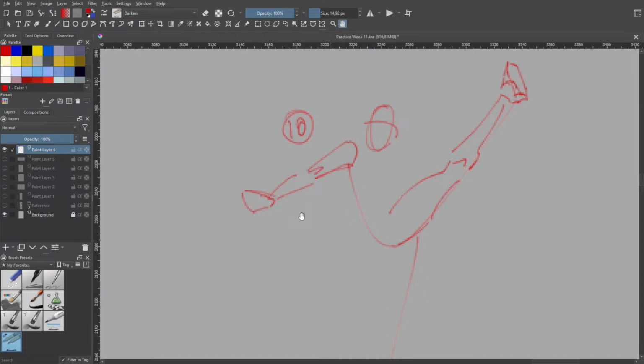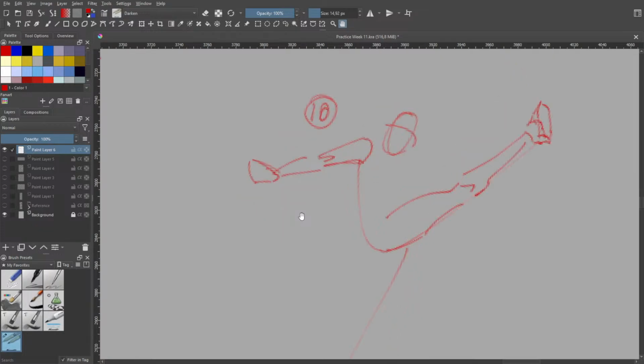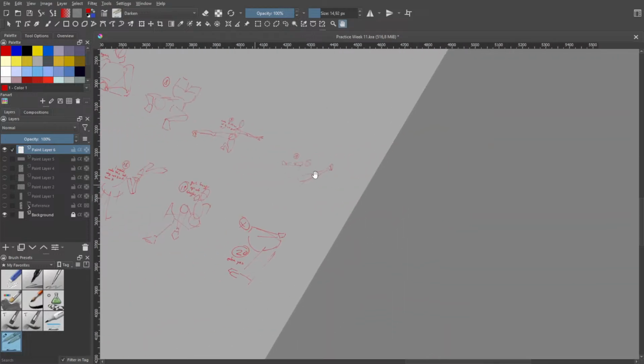It forces you to rip the details away from the forms, I guess, or from the image. So yes, and that kind of works.